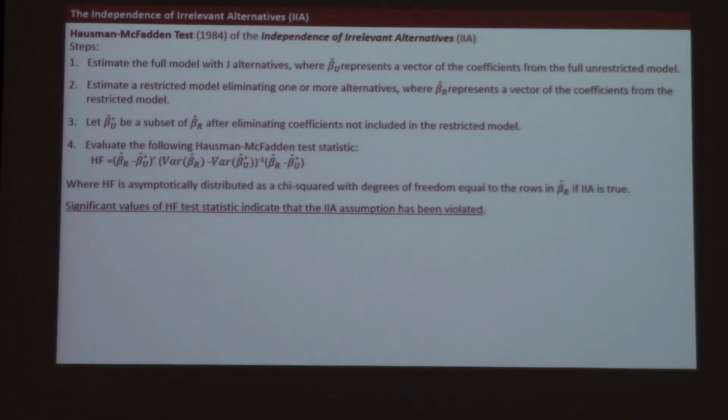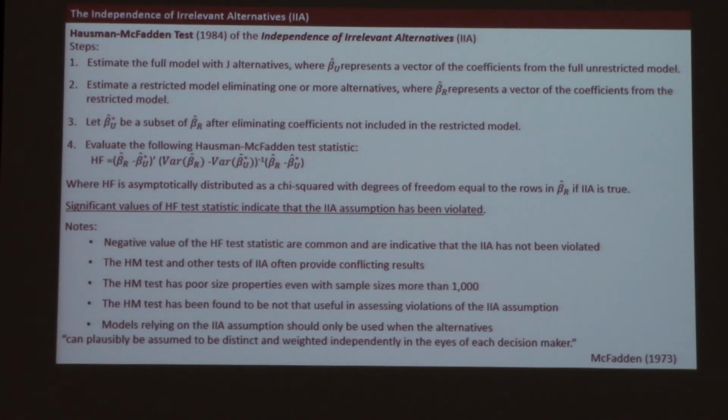Given that, we have these tests of the independence of irrelevant alternatives, and let's just burn through this. The equation's awesome. But essentially, they take your multinomial logit, run the full model, then take one of the categories and remove it.